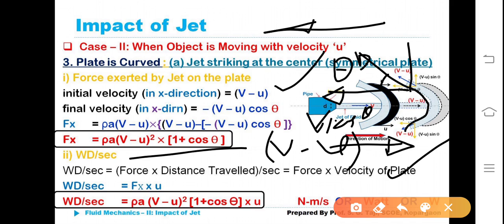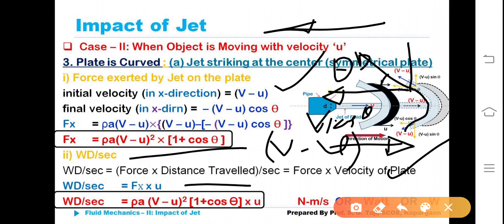Now, work done per second and kinetic energy are to be found out, and then ultimately we can get the efficiency. So work done per second is equal to force in the x direction multiplied by the distance travelled per second by the plate, that is nothing but u. Therefore, Fx into u is the work done per second.